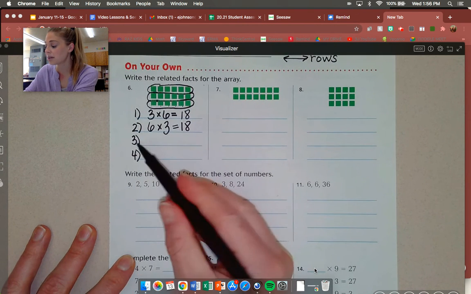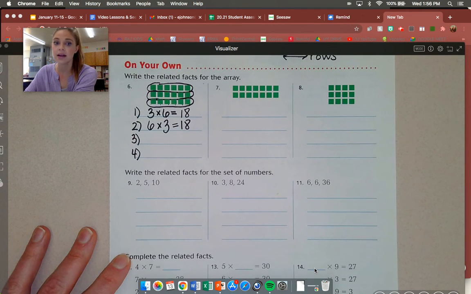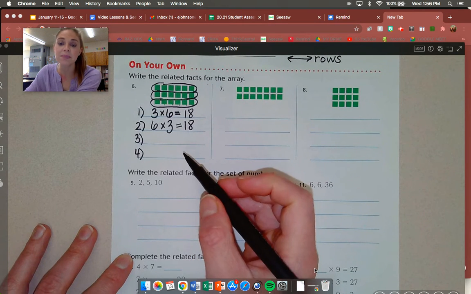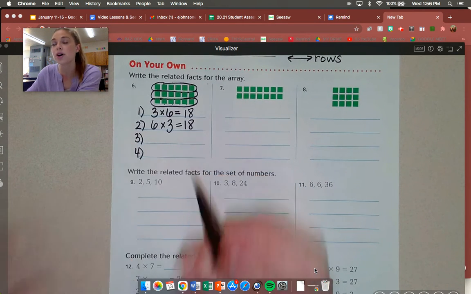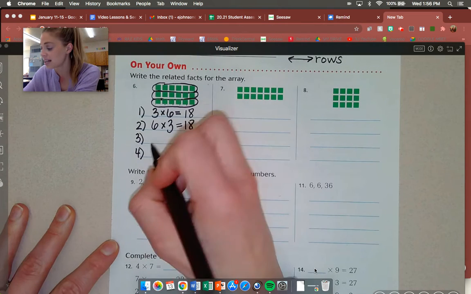Now, 3 and 4 are going to be division equations, okay? So in a division equation, we always put the biggest number, the total number of objects, first. The total number of objects is 18, right?